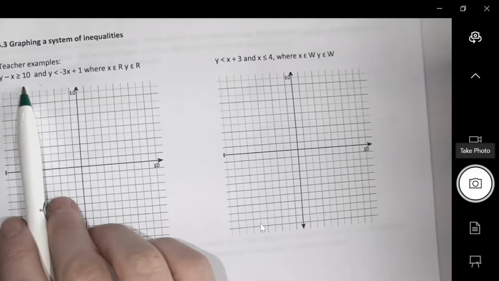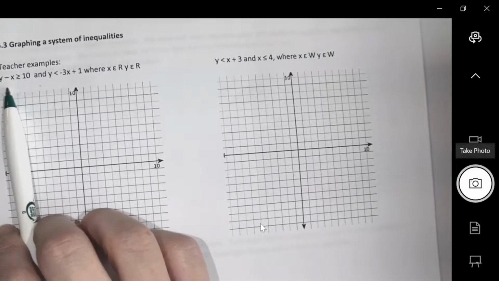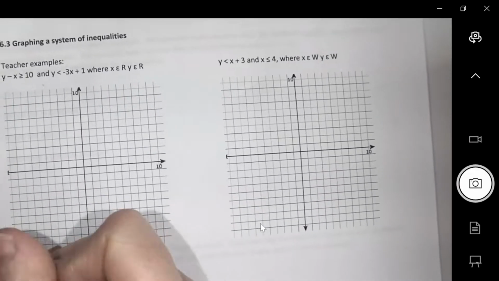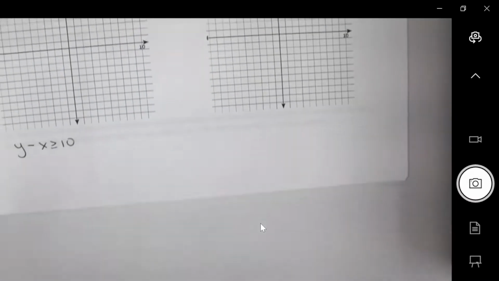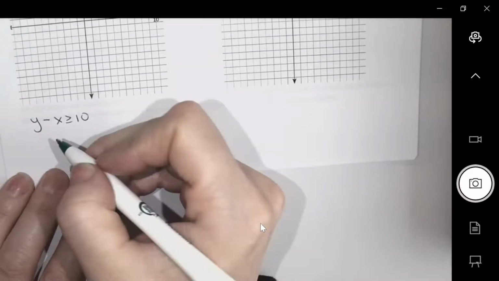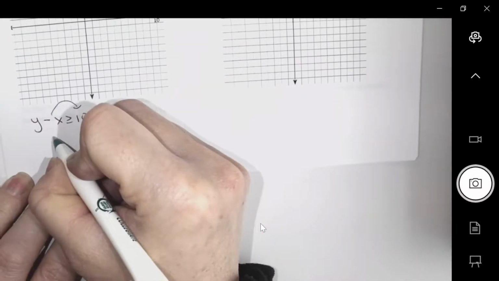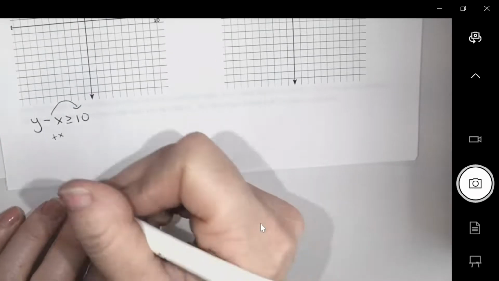So graphing this system, I need y alone. So how do you get y alone? So here's my algebra. How do I get y alone? I would have to move an x. I'd have to add an x.